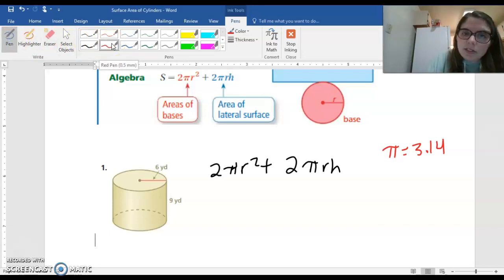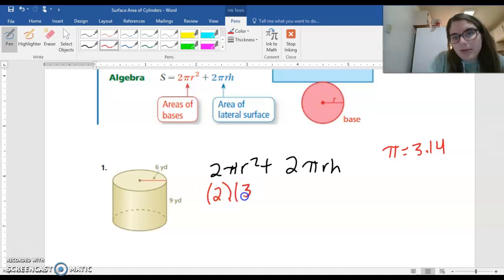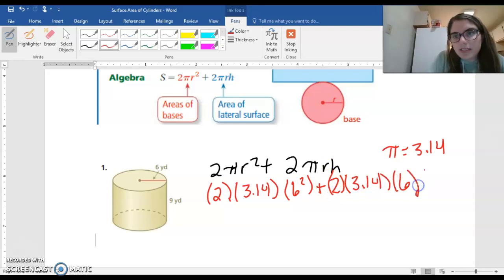We have 2, and I'm going to put all these in parentheses, times 3.14, times the radius, which is 6 squared, plus 2 times 3.14 times our radius, which is 6, times our height, which you can see is 9. So you have your radius here, and you have your height here.